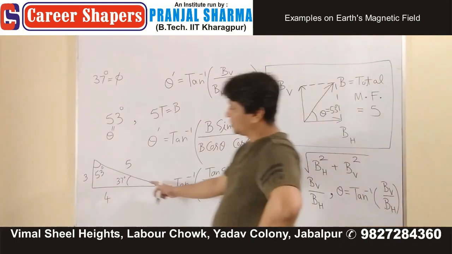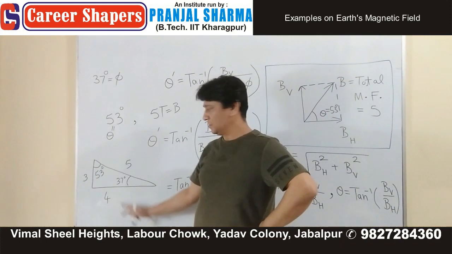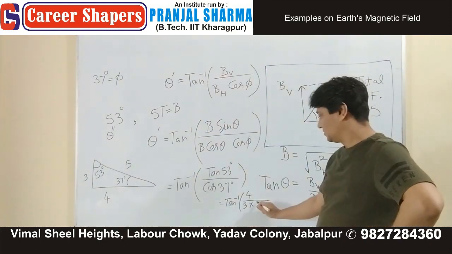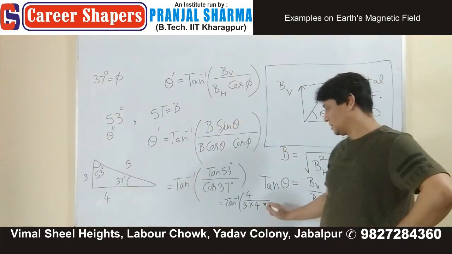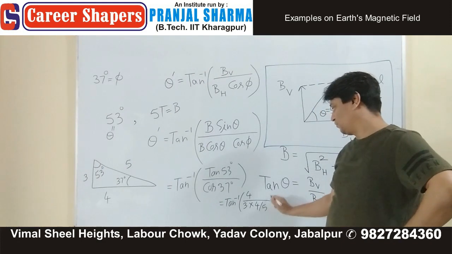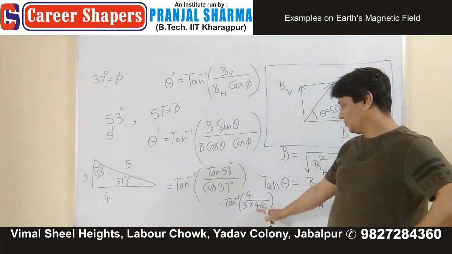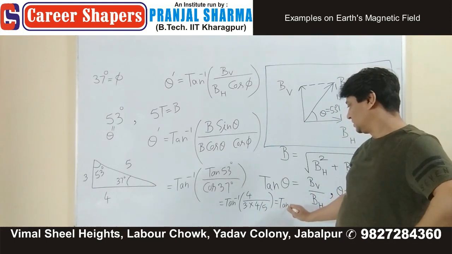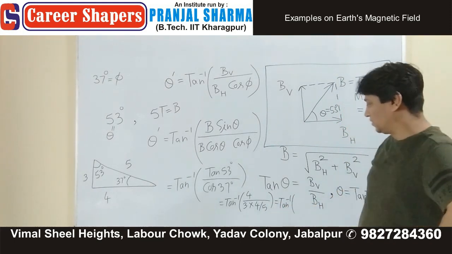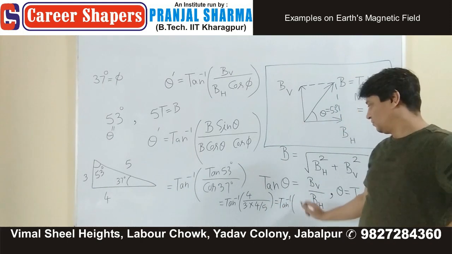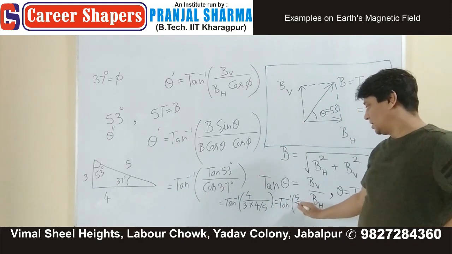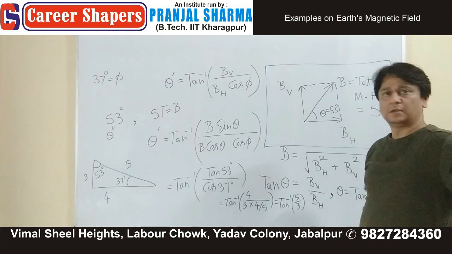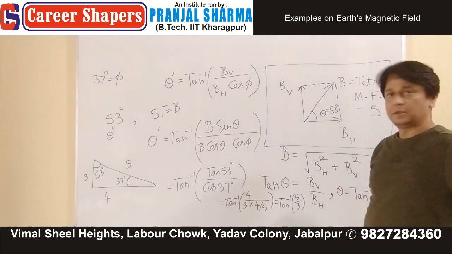What is cos of 37 in this figure? 4 by 5. 4 and 4 cancelled. And the answer is tan inverse 5 upon 3. That's the answer.